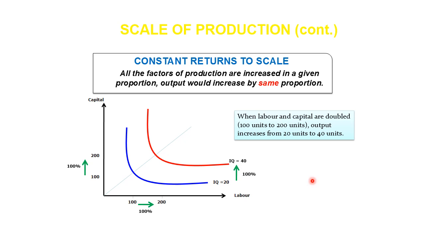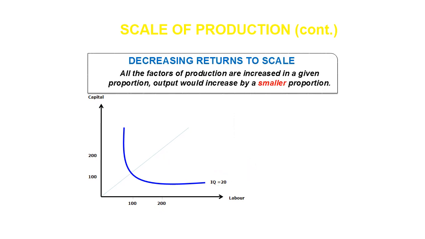Now for a certain period, economies and diseconomies cancel out each other, and what we get is constant returns to scale. So here inputs are increased by 100%, output also increases by 100%. So from 20, output is increasing to 40. So the rate of input and rate of increasing output are the same.